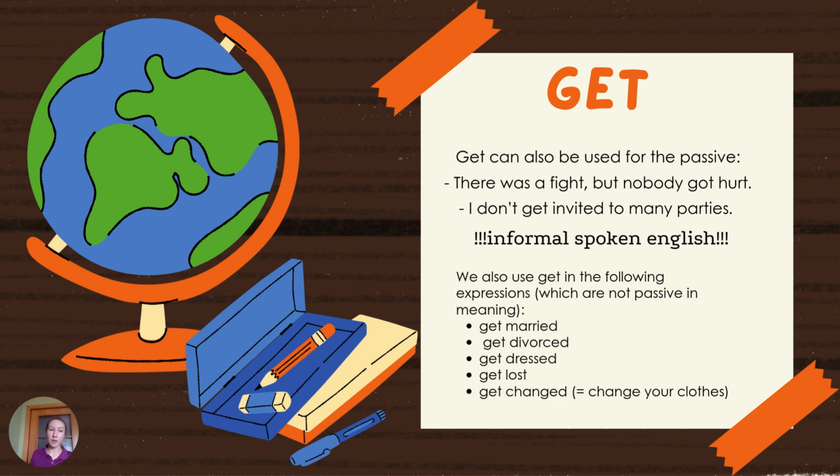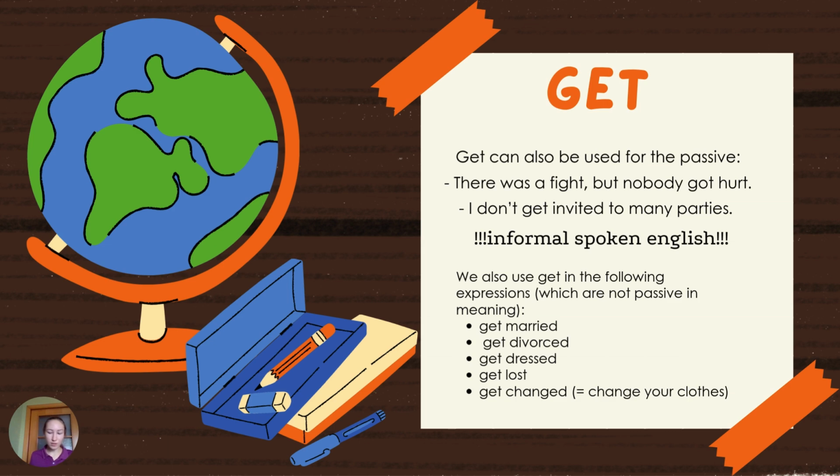Formal English is the register which we use when we want to sound polite, when we talk, for example, to our teachers or older people, because we need to be polite. But informal spoken English is often used in dialogue, for example, in discussions between peers, friends, your family. So yeah, get is also informal spoken English.